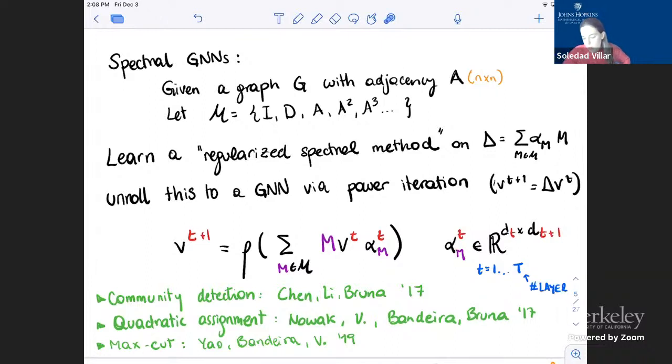And so once you have this parameterization for the class of functions, you can think of unrolling it into a neural network. If you want to take the top eigenvector, you can just do a power iteration with t steps, and then you unroll this as a neural network with each of the layers corresponding to one iteration of your iterative method.